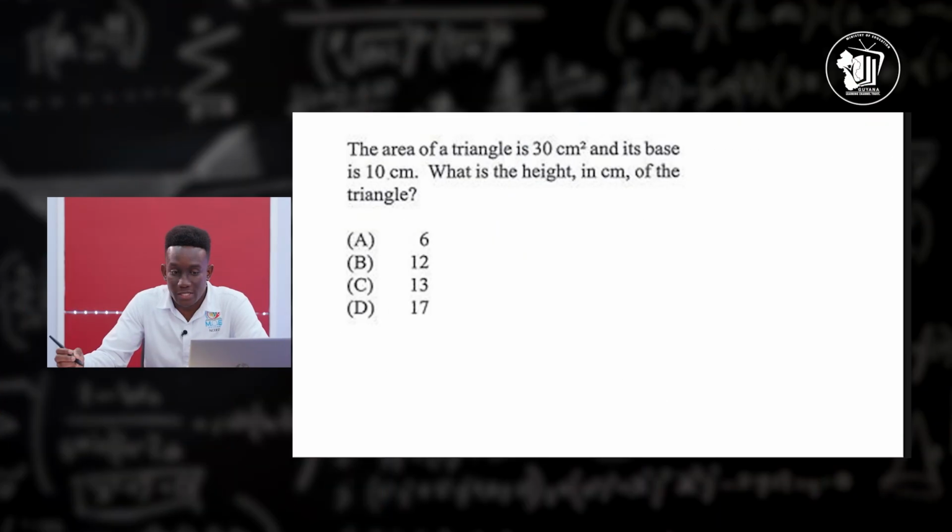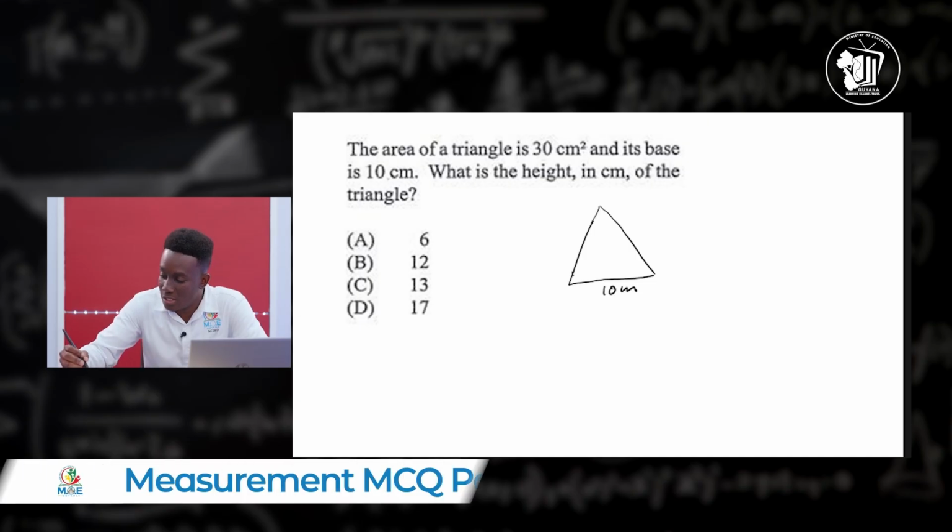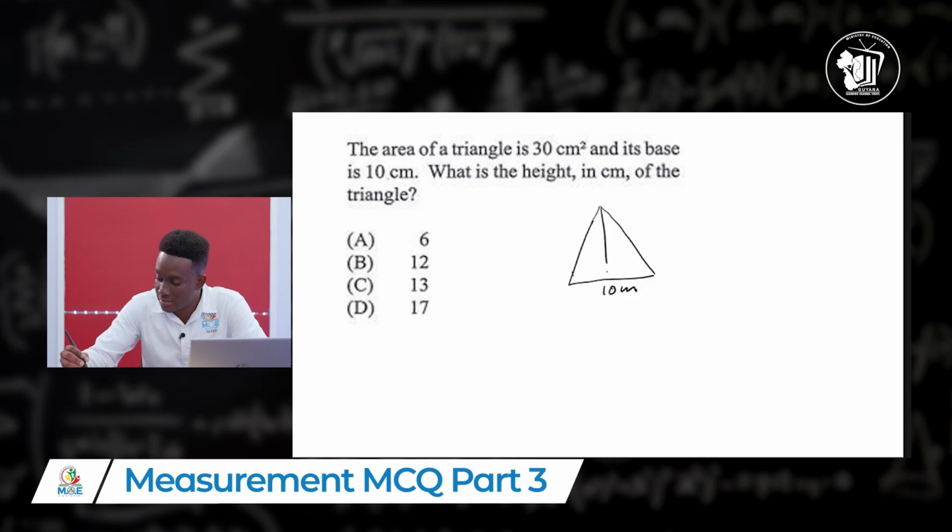So this one says the area of a triangle is 30 cm squared and its base is 10 cm. What is the height in cm of the triangle? So let's say I had a triangle and they said that the base is 10 cm and they want me to find the height, which would, of course, be the vertical height.